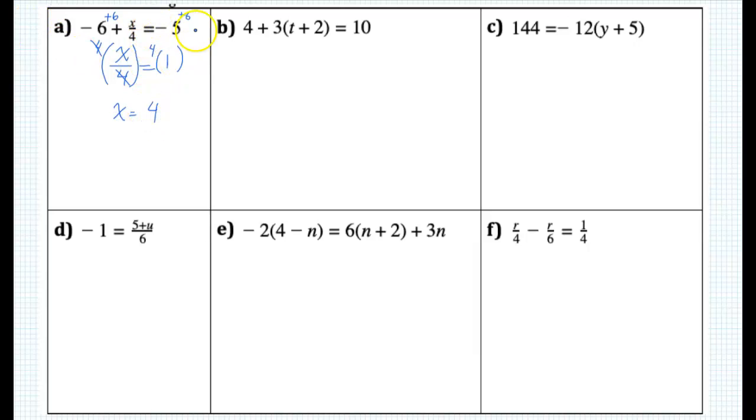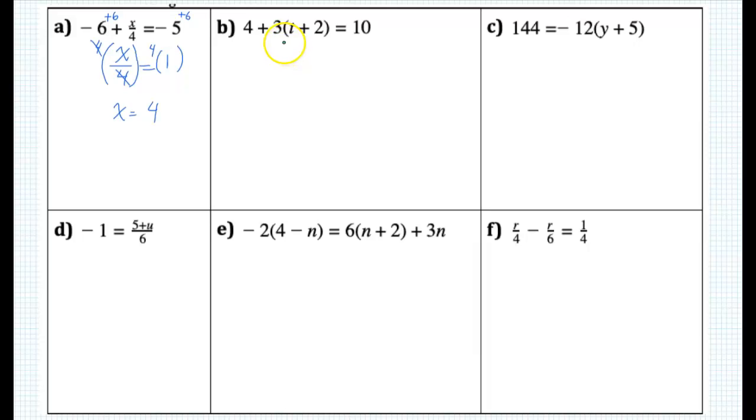I could have multiplied first everything by 4, but I'd have some bigger numbers, but I wouldn't have that fraction there, okay? When you see multiple fractions, I would always suggest to clear the fractions, otherwise we're going to be adding and subtracting fractions, which is not that friendly.